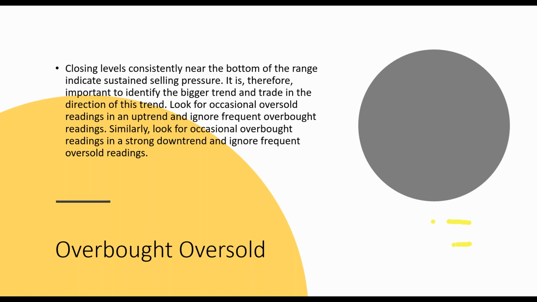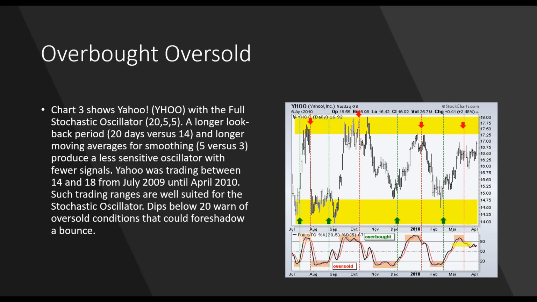Same thing with oversold levels. Closing levels consistently near the bottom of a range indicate sustained selling pressure. It is therefore important to identify the bigger trend and trade in the direction of the trend. Look for occasional oversold readings in an uptrend and ignore frequent overbought readings. Similarly, look for occasional overbought readings in a strong downtrend and ignore oversold readings.